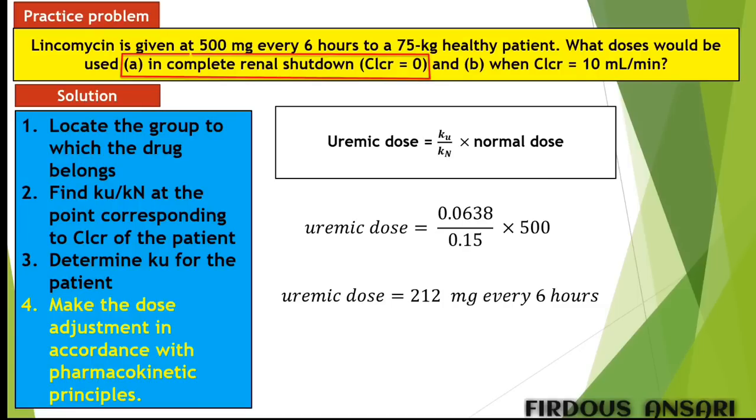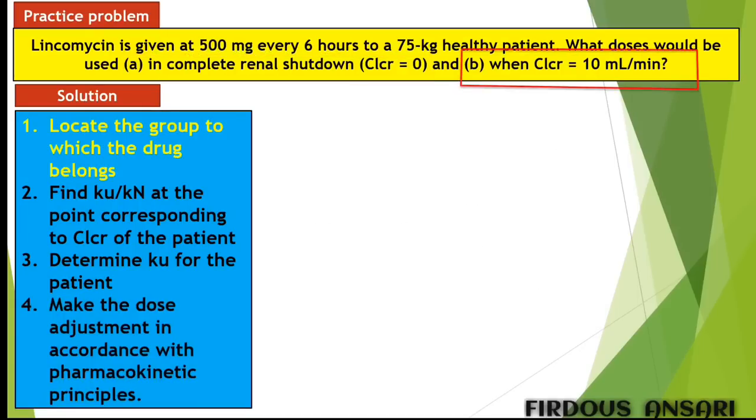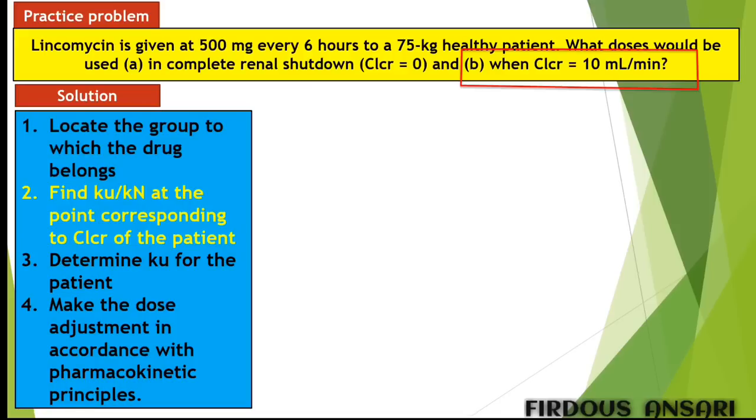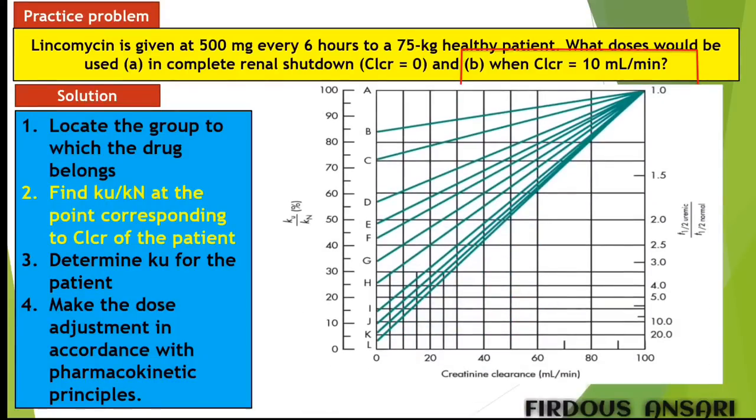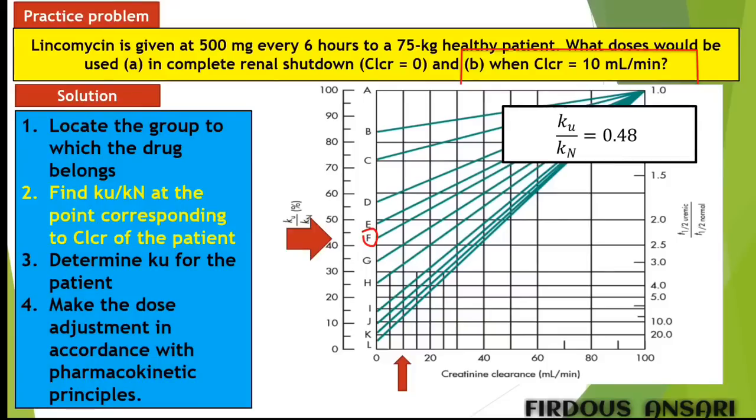Next we have the second part, that is B, when creatinine clearance is 10 ml. So you do accordingly. Locate the group. We know lincomycin comes under group F. Second step is to find Ku divided by Kn at the point corresponding to the creatinine clearance of the patient. So creatinine clearance is 10 ml and the group is F, and it intercepts at the point 0.48.